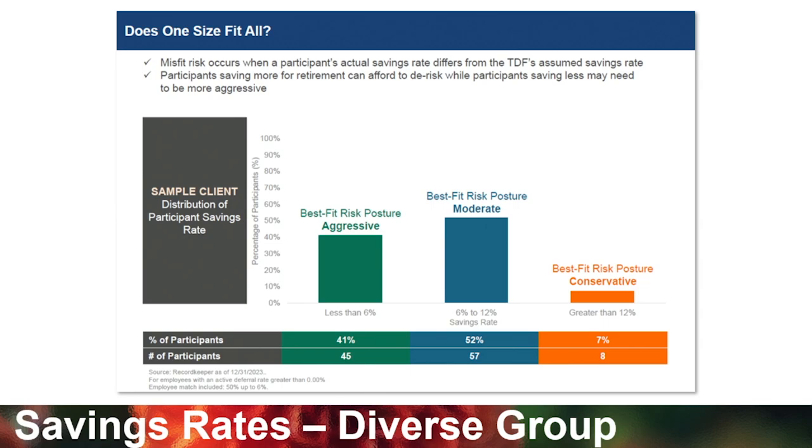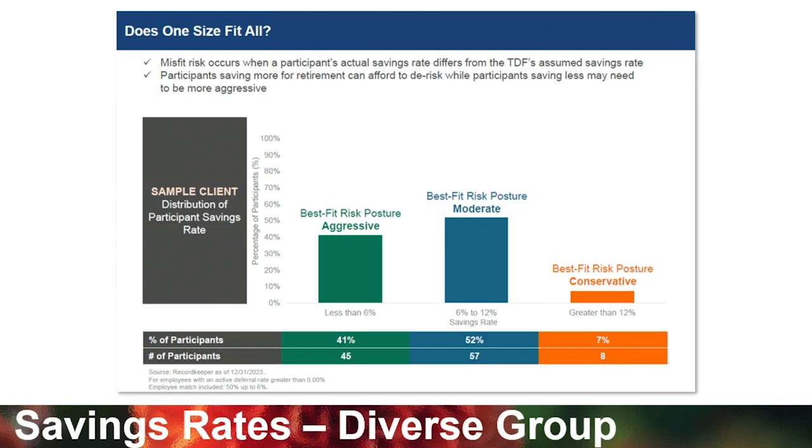Another thing that we like to use this slide for, or this screen for, is really just to use it as an objective measure as to whether custom multiple glide path targeted funds may be necessary. In which case, a plan like this, it may be prudent to take a look at it, just because although over half of the participants are technically best fit for a moderate risk-based glide path, there's still 48% of other participants who are better fit for either aggressive or conservative.